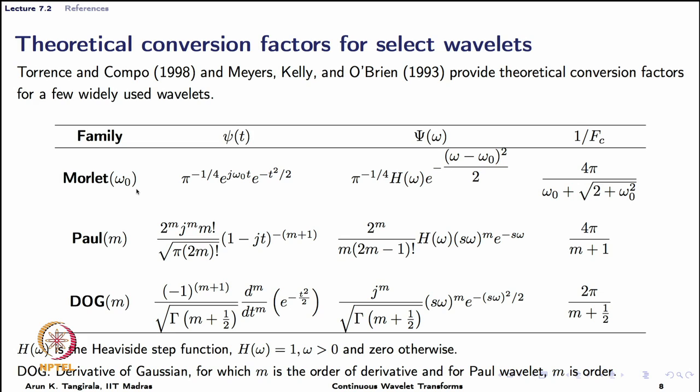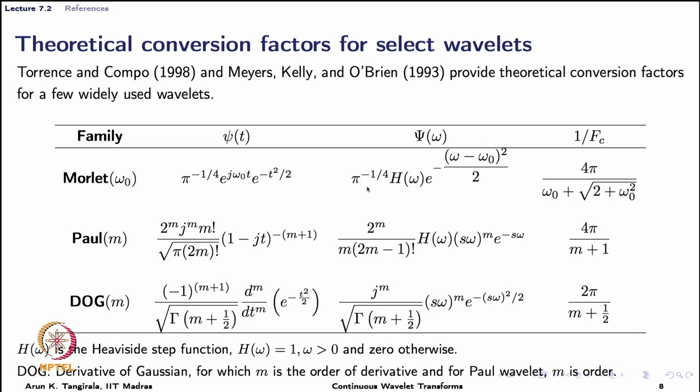The Morlet wave is characterized by the center frequency omega naught or Fc, the cyclic frequency. The Paul wave is characterized by what is known as an order, and for the derivative of Gaussian it is essentially the order of the derivative of the Gaussian that you are going to use. The third column gives you the expressions for the Fourier transforms. H of omega is the Heaviside step function, the standard step function, which is 0 for negative frequencies and unity for non-negative frequencies.